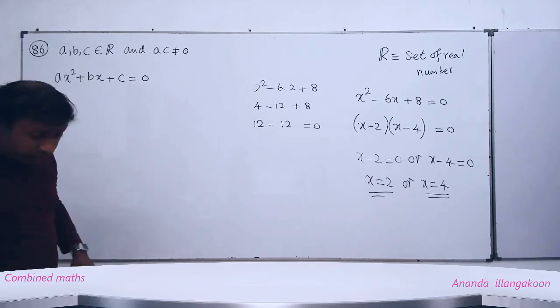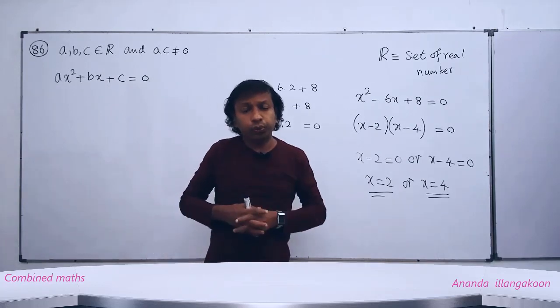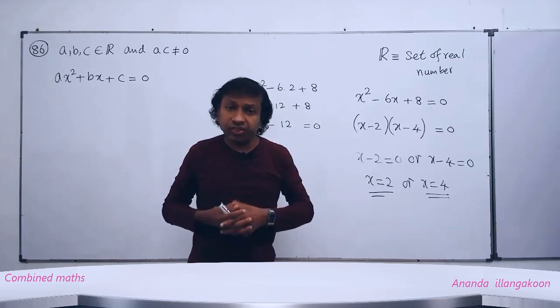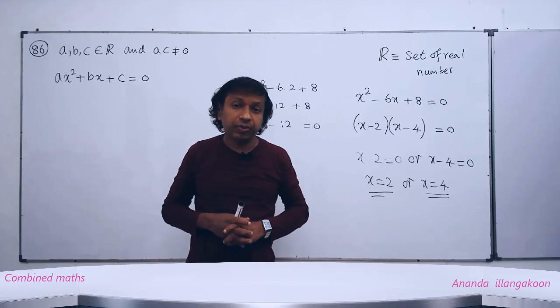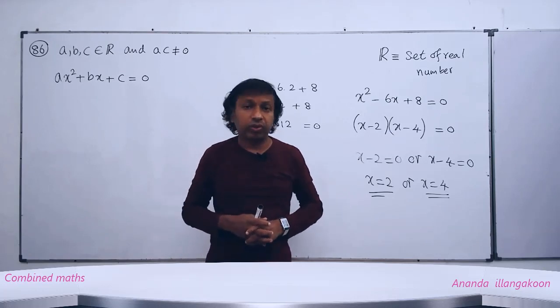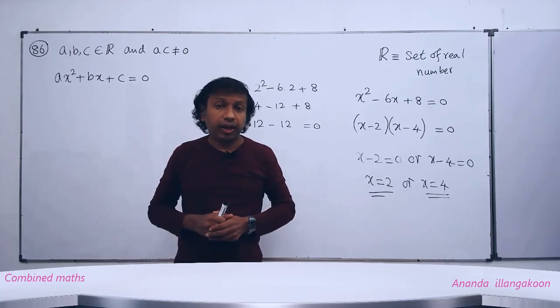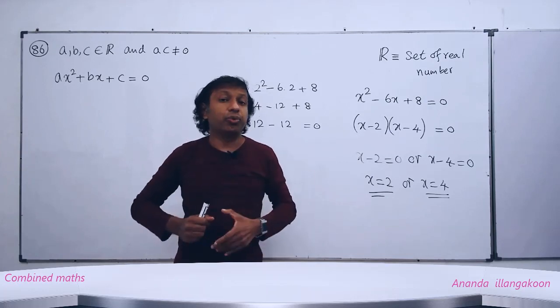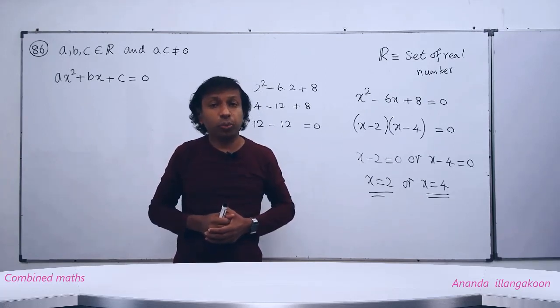People, when we prove, in this case, now this is very new to you. You know how to prove Pythagoras theorem. You know how to prove midpoint theorem. In proving the midpoint theorem, we write the data, then what is to be proved, and if construction is available, construction, then the proof. That is the usual way of proving.